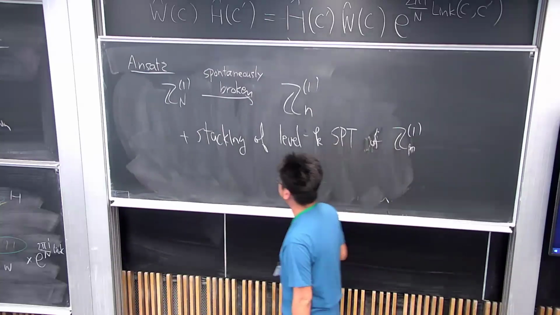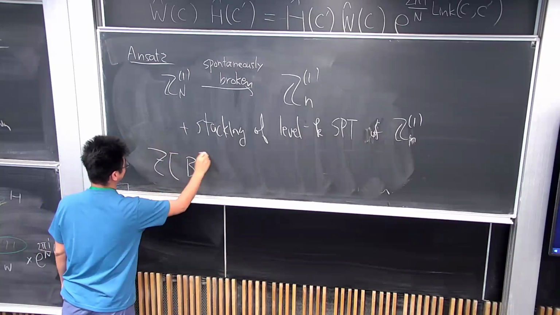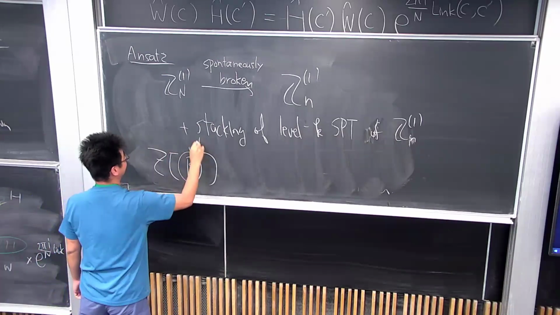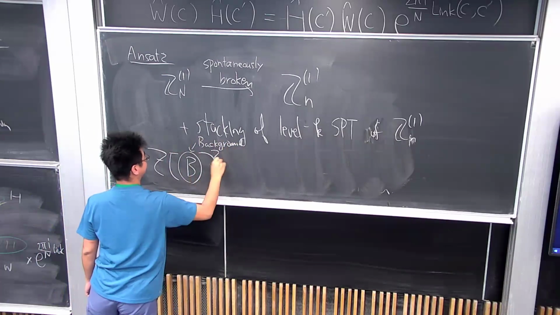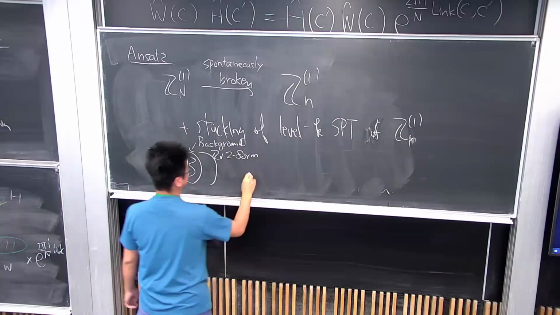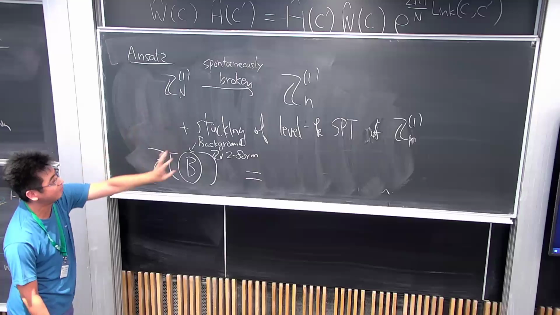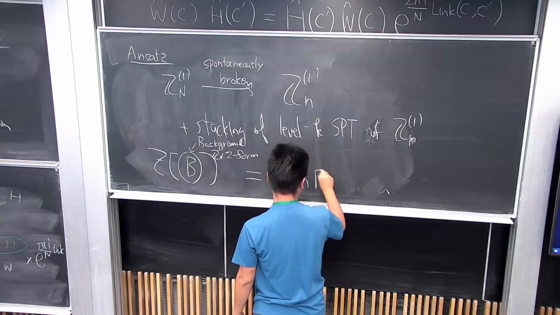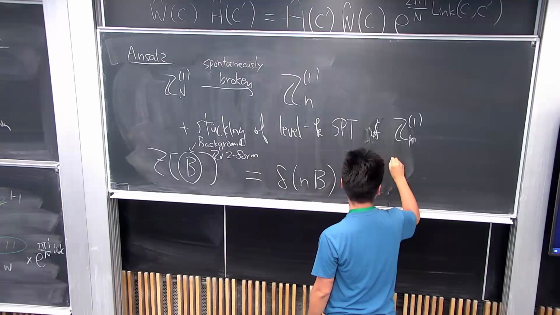In order to study this kind of system, it's always convenient to consider a partition function with a background gauge field. So this B is a background Z_N gauge field. And in order to represent this scenario of SSB plus SPT stacking, we consider this kind of RG fixed point form, times e to the i.